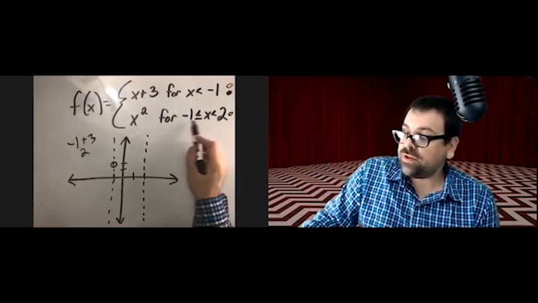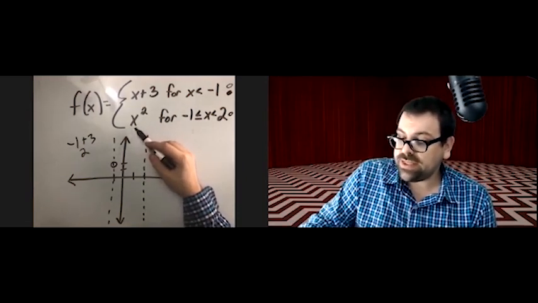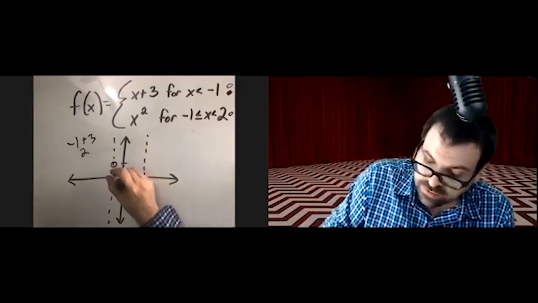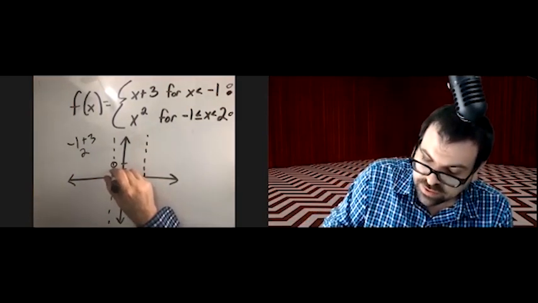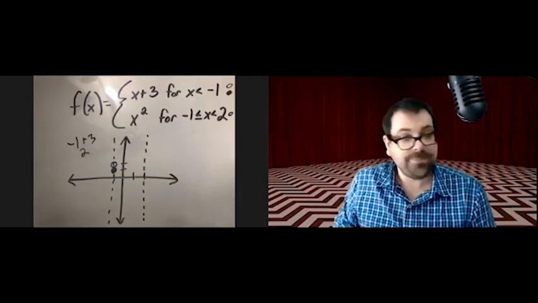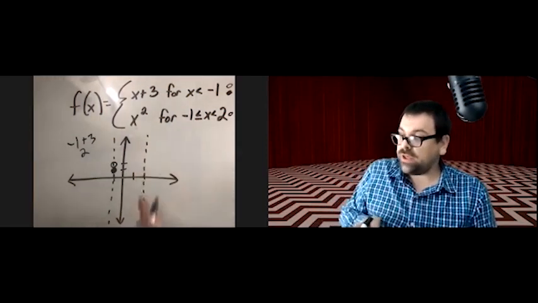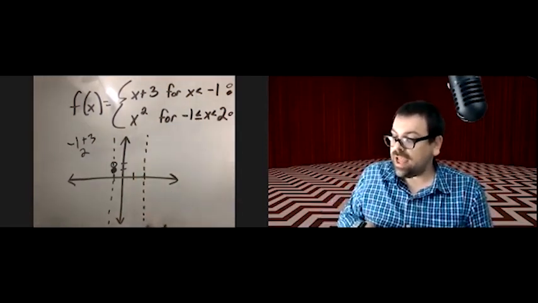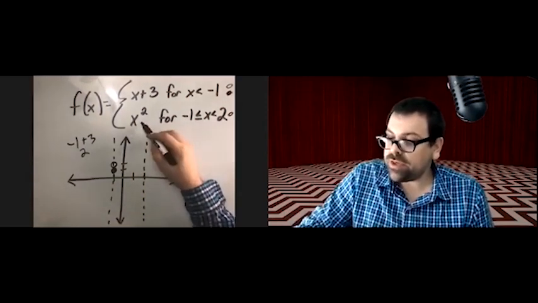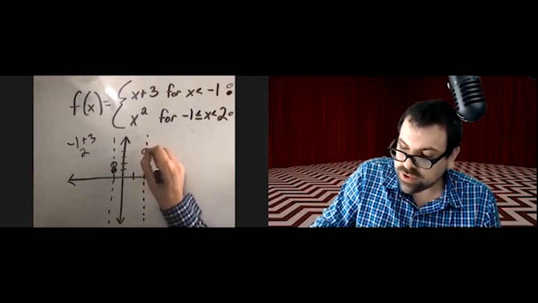For the filled in circle at -1, we would go here. -1 squared is +1. So there would be a filled in circle at 1. Over here at 2, for the open circle, we would plug in 2 squared is 4. It's an open circle up there.